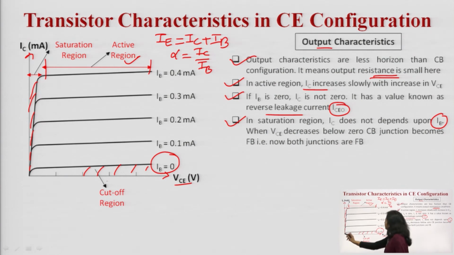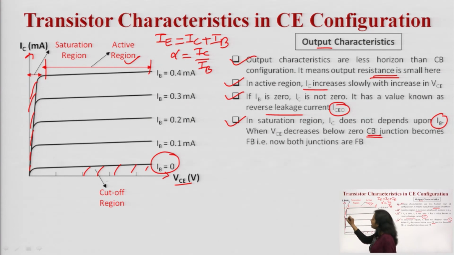When VCE decreases beyond this particular value, the collector base junction becomes forward biased. So when VCE becomes less than 0, meaning negative, the collector base junction, which was reverse biased, will now be forward biased. The emitter base junction is already forward biased, and when the collector base junction is also forward biased, the transistor will go into the saturation region.